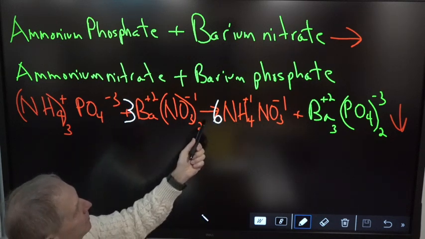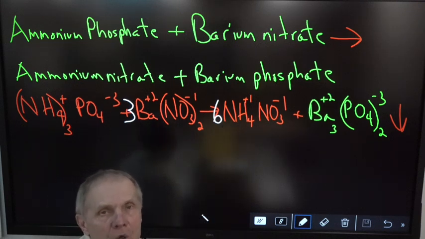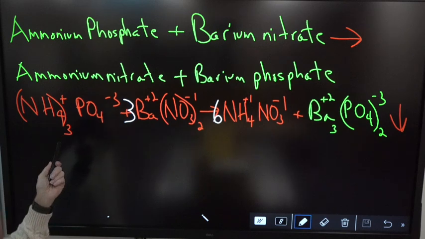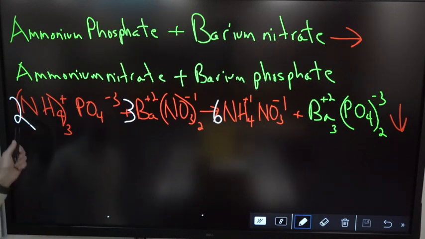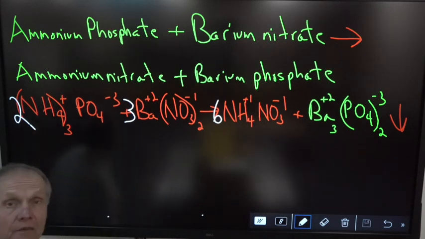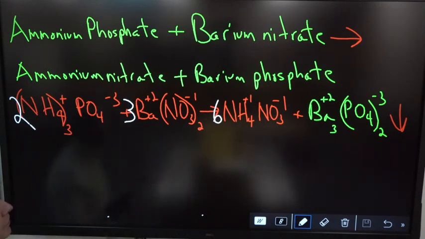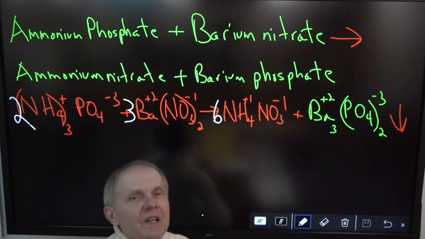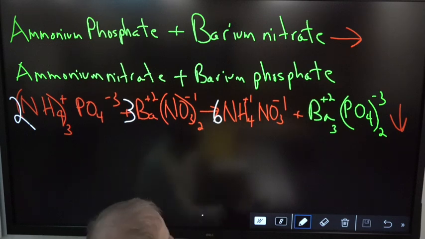Now, that 6 means I have 6 nitrates, but that means I have 6 ammoniums. So I have to go over to ammonium. I got 3 of them. So if I put a 2 right there, that means 2 times 3, I got 6 of them. Now remember that 2 blows through everything, so that 2 means I have 2 phosphates. So I come over here, oh look, I already have 2 phosphates. It's balanced, all right? So this whole thing is balanced.